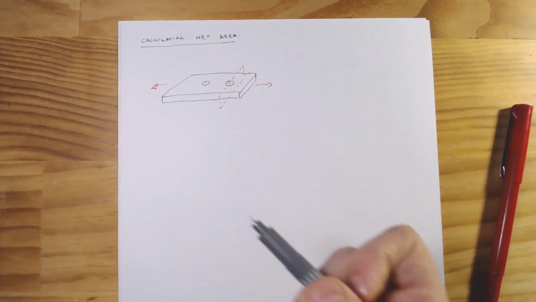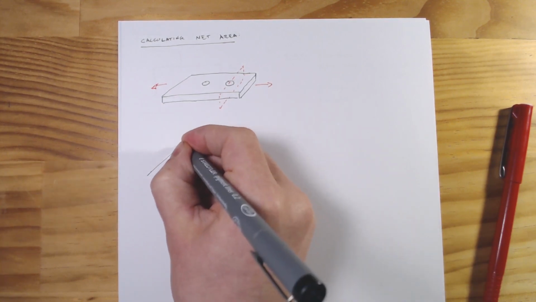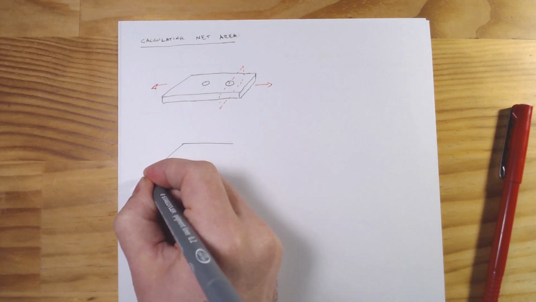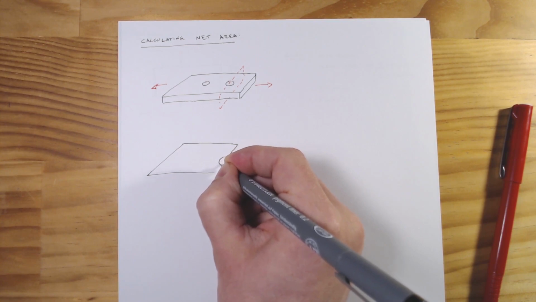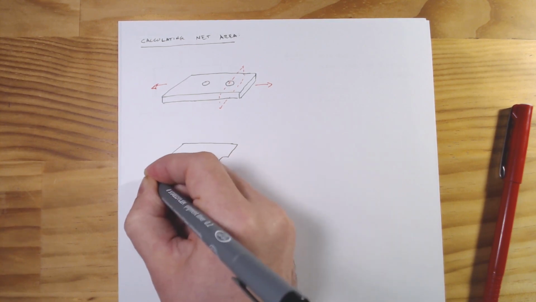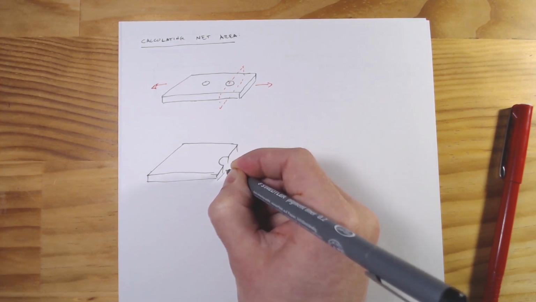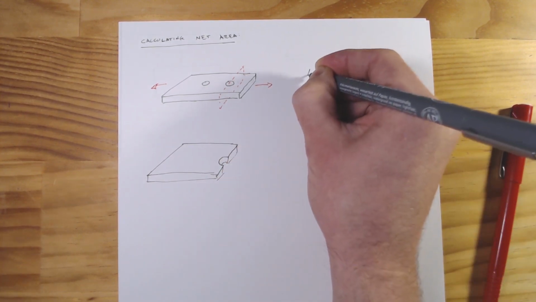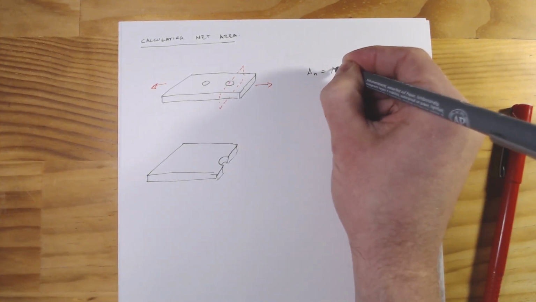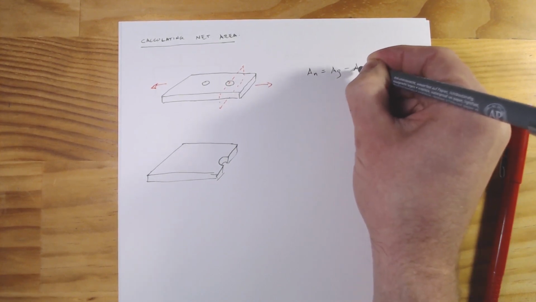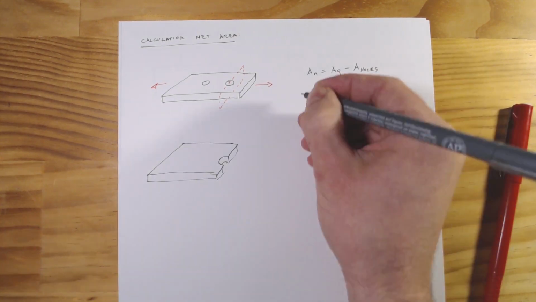If I take that and draw it over here, just a bit bigger, what we've done is we've sliced right through the middle of that hole. The reason that we've done that is simply that the net area is going to equal the gross area minus the area of any holes.